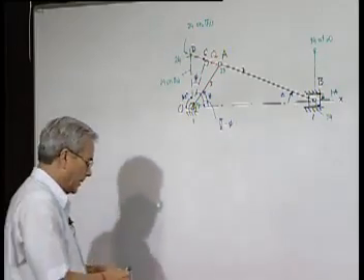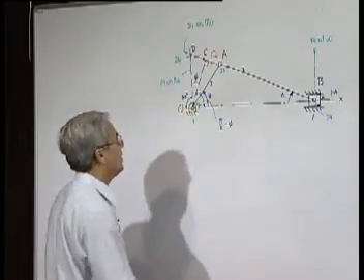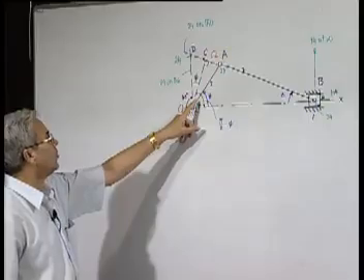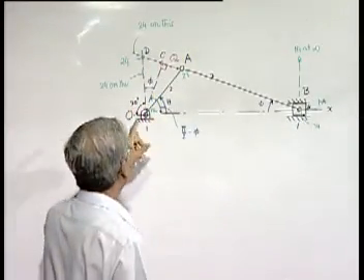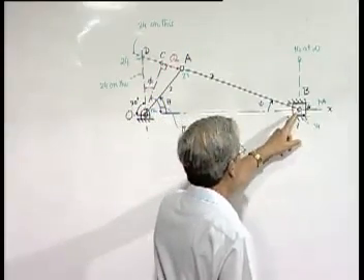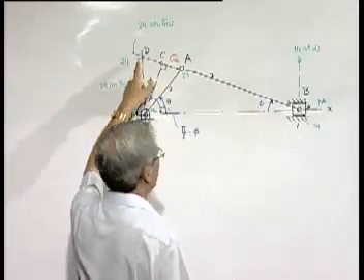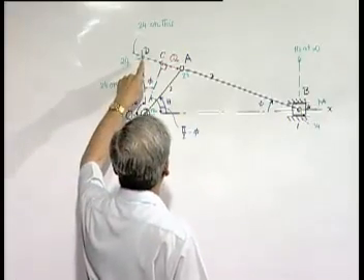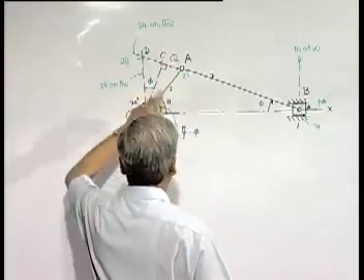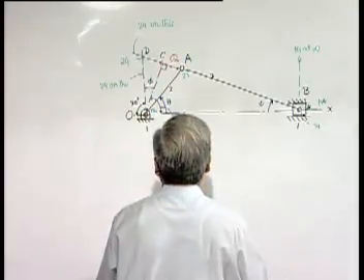Now, what does it mean? It means that a point attached to link 2 but located here has the same velocity as a point attached to link 4 located here. That means, what is the velocity of a point on link 2? Now, link 2 is having an angular velocity omega.